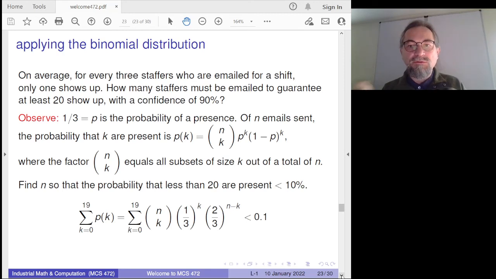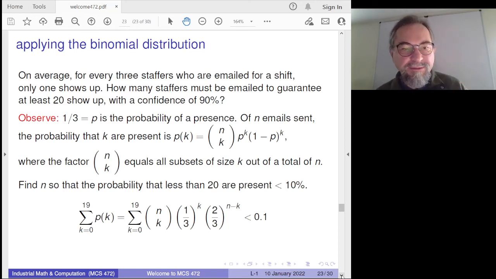So for one particular person, if one person shows up, the probability is 1 over 3 times 2 over 3. Now, the probability that k people, or here in this case 20, show up, is all possible sets of 20 of the total number of emails that you have sent out.